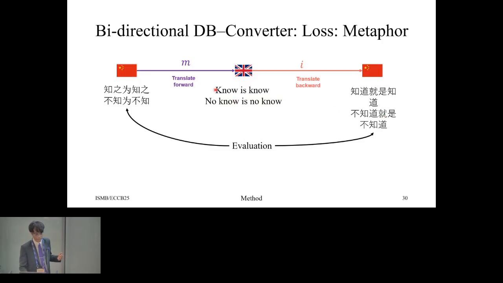The famous quote "zi zi wei zi zi, bu zi wei bu zi": when we translate it to English, the mapper, the first translator, completely fails. That's why when you translate back, you see something much longer. It's not the same, right? We can now evaluate based on this and this, and we should minimize this distance.